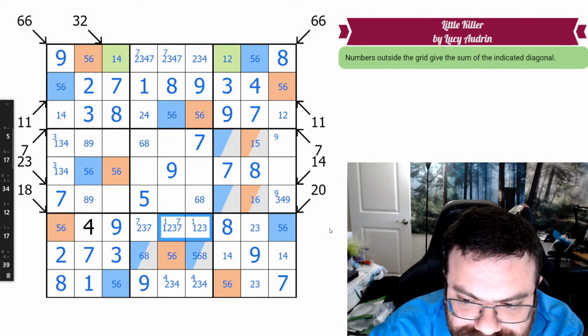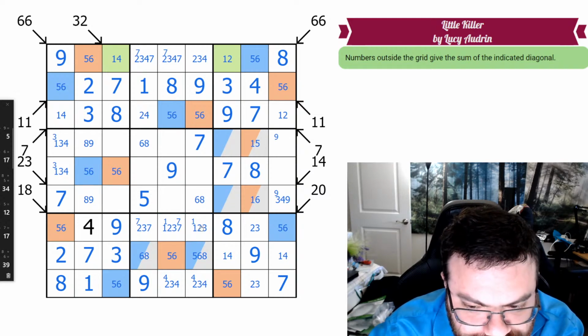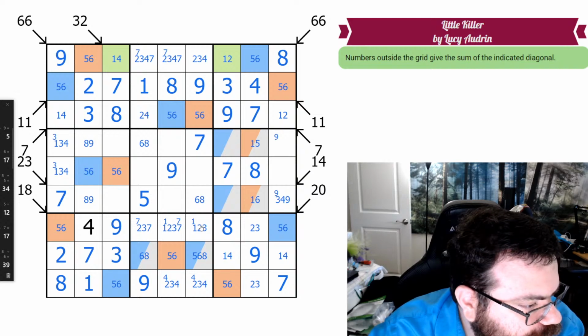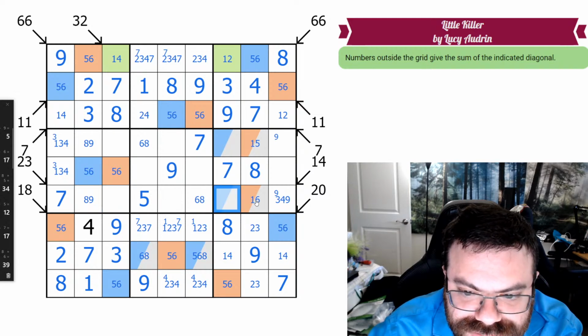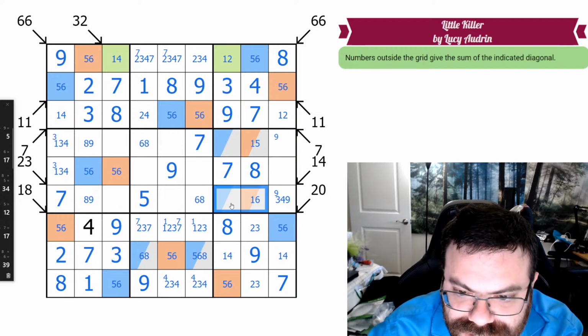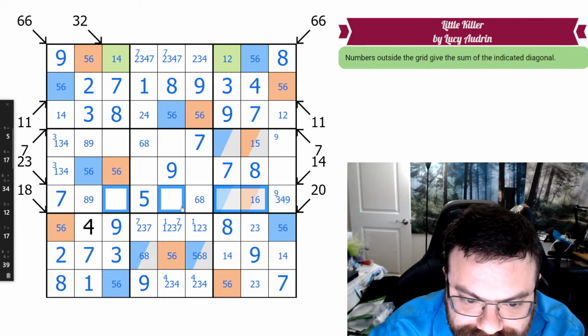All right. Hold on. So I don't see why. I think 1 is limited to any of these in the row.